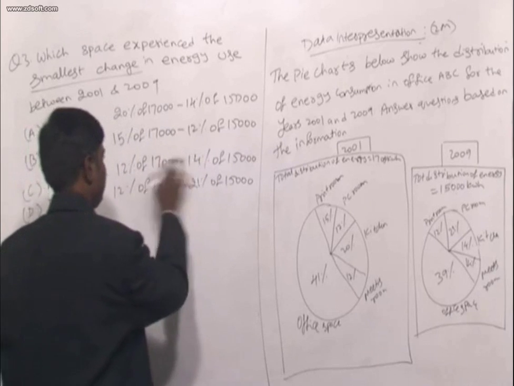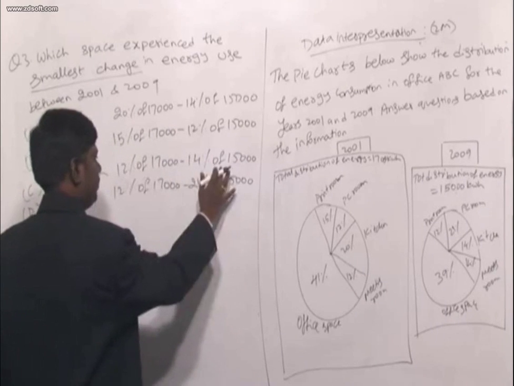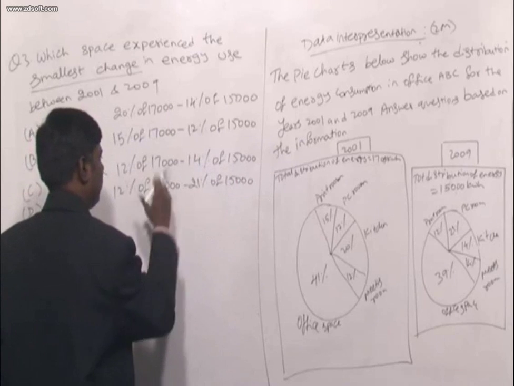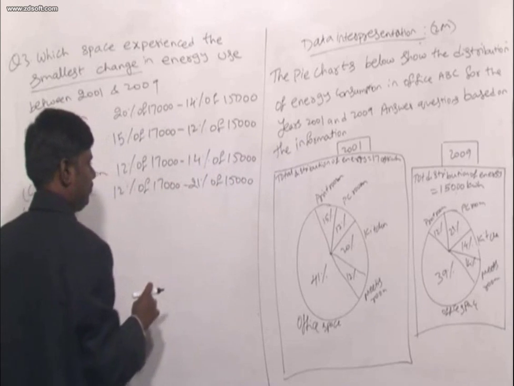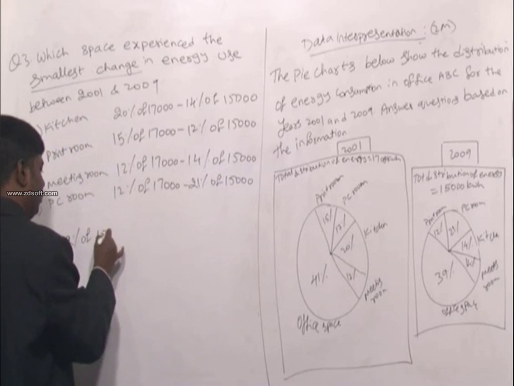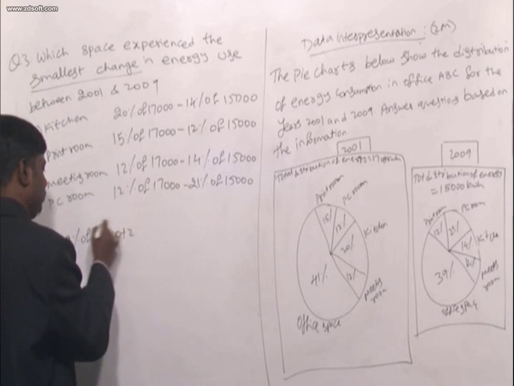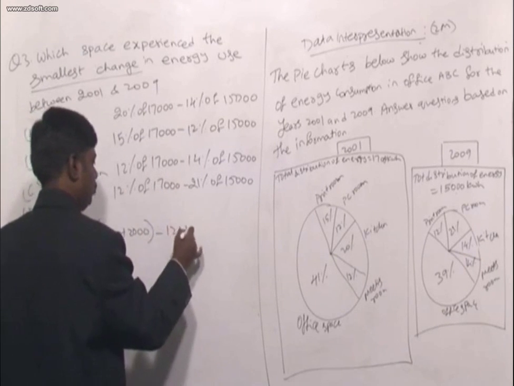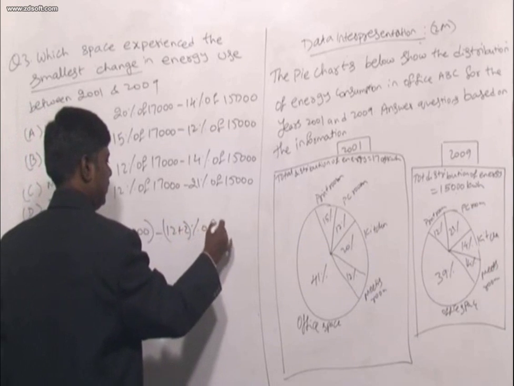So 12% is going by the previous logic. 12% of this, if I subtract, what am I left out with? Just 2%, right? So 12% of 15,000 plus 2,000 minus 12 plus 2% of 15,000, right?